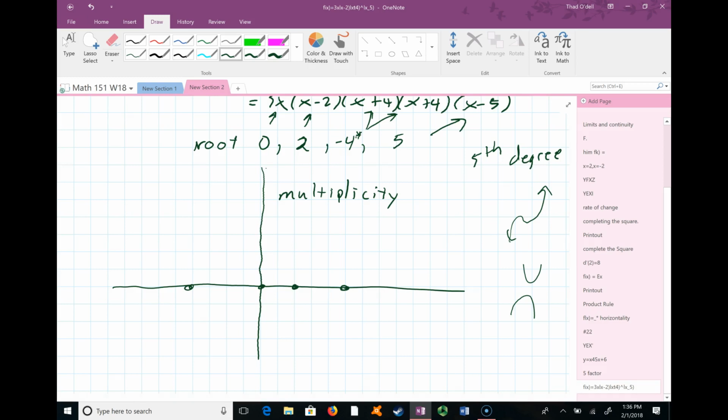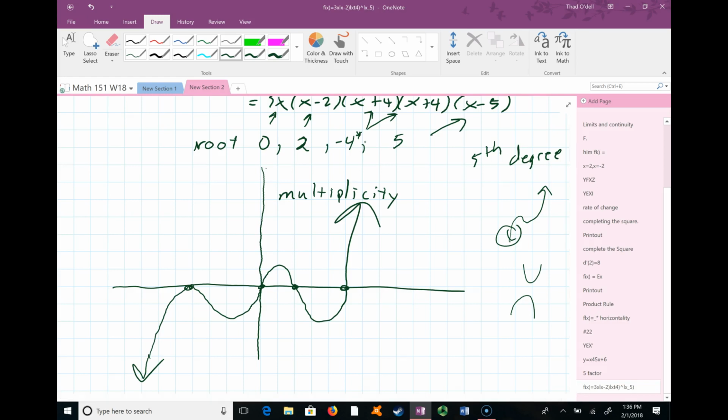So that means I would start below like we thought, and I would come up, and -4 is where the multiplicity is, so it would come up and bounce off, and then it would cross like normal, and cross like normal. And so now you can see that the end behavior ends up the way we expected, and the multiplicity of 2 helps take care of that situation.